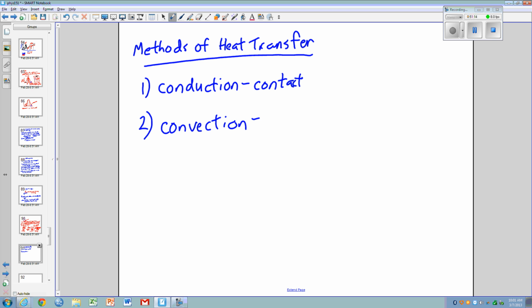So convection requires the movement of a substance, like in a convection oven where it has these fans that move the air around. And that just causes more even and more rapid heating of the oven. So convection is by movement of a substance, either a liquid or a gas.